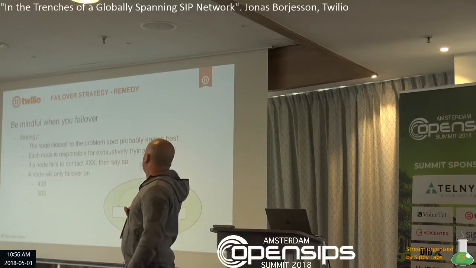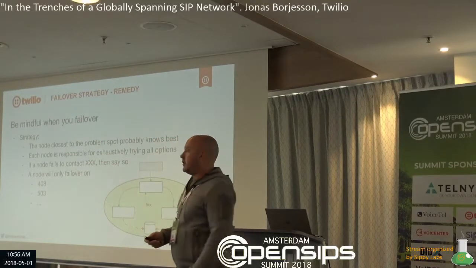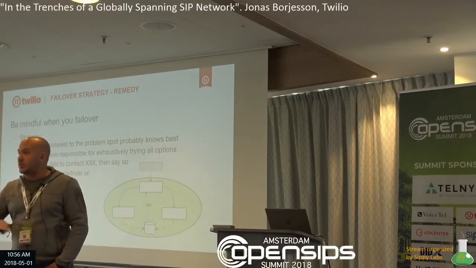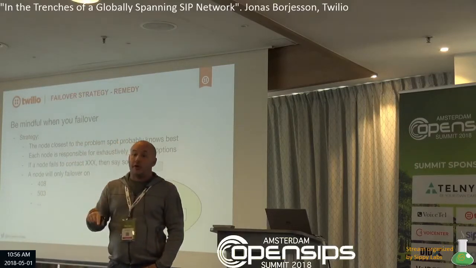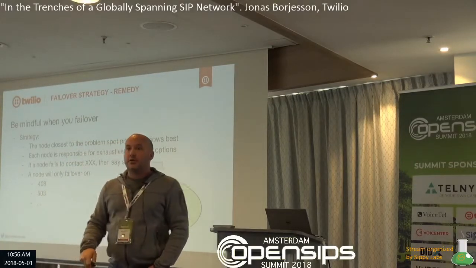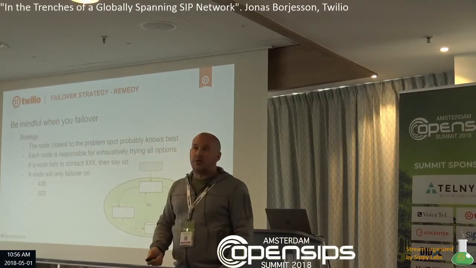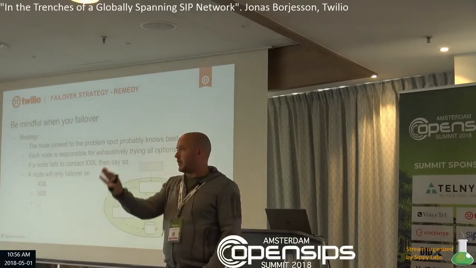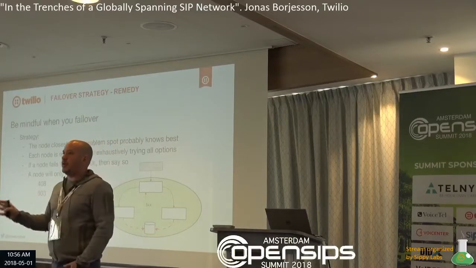So what we do internally is we only fail over on these error codes. So if the upstream element gets a 408, we assume the downstream is just having a bad day, network issue, whatever it is, and we fail over, or explicit 503s. So if this guy determines that this database is down, send, for instance, a 500, and then we assume you did everything in your power to remedy the situation, but you've given up.